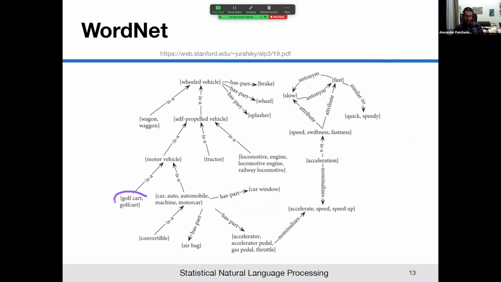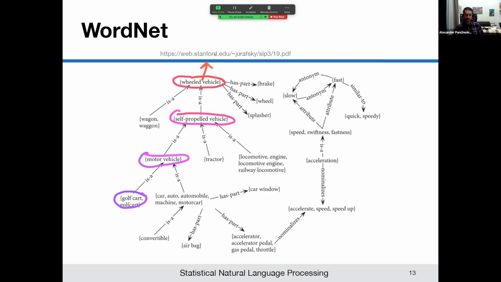So let's say you have a golf cart, and then a golf cart is a kind of motor vehicle, and a motor vehicle is a kind of self-propelled vehicle, and a self-propelled vehicle is a kind of wheeled vehicle. And you might even continue this.